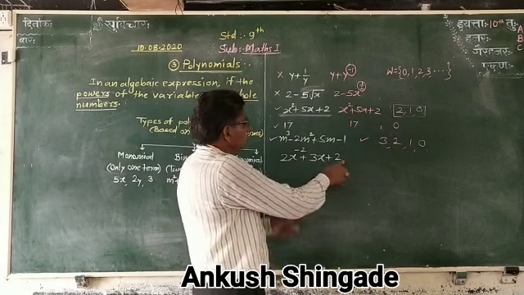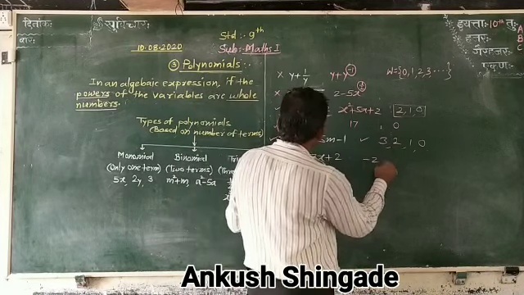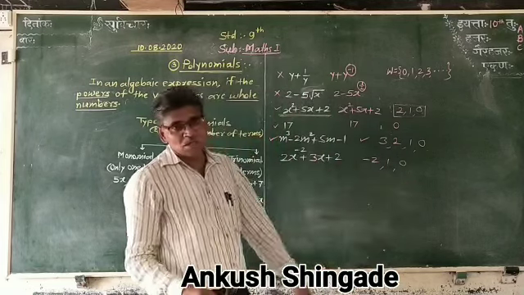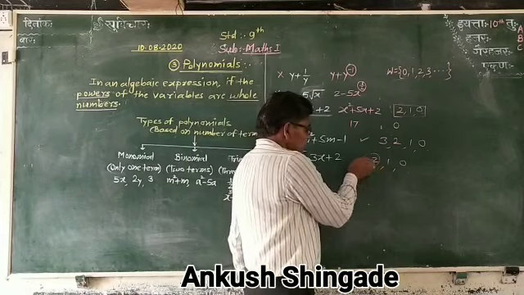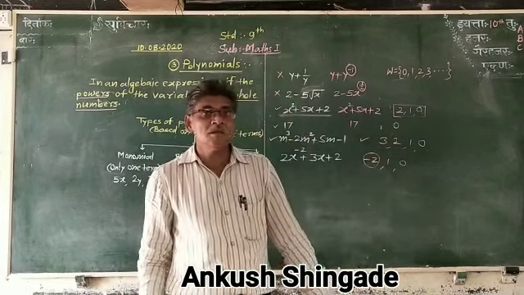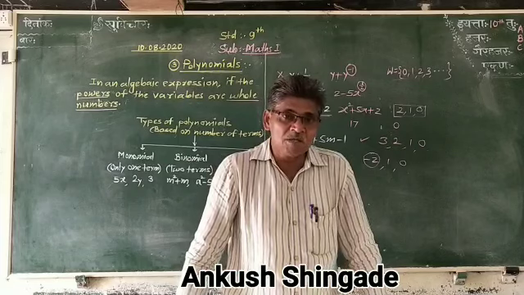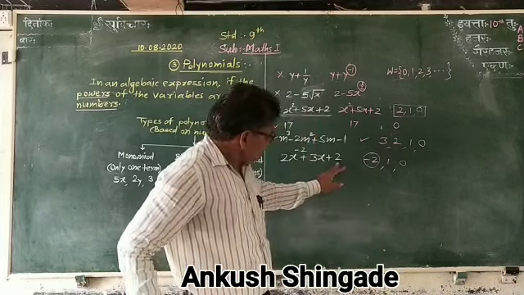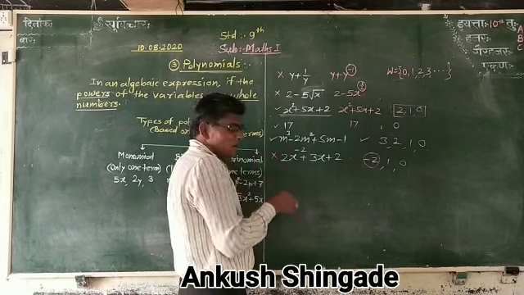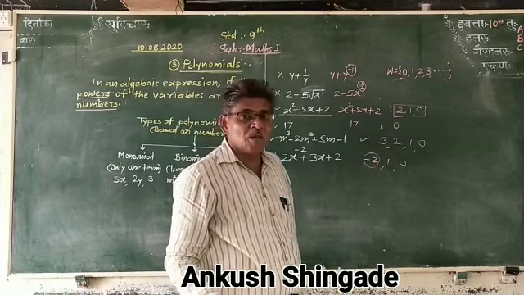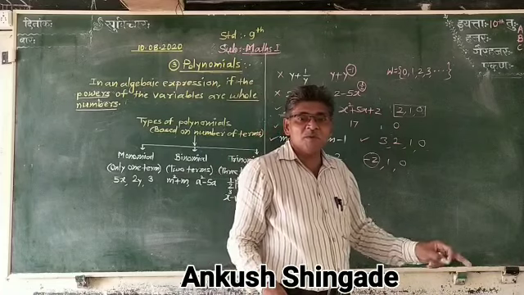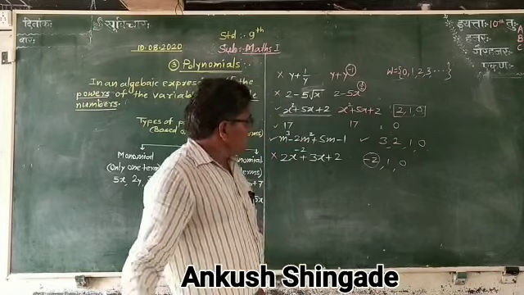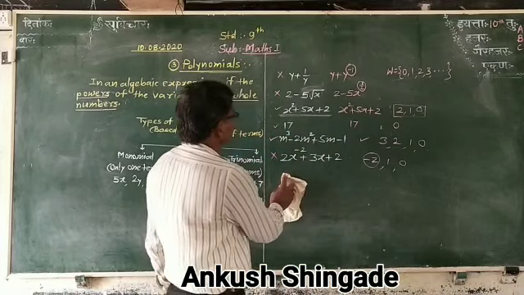Variable x, the powers are minus 2, 1 and 0. Out of these, minus 2 is not in the set of whole numbers, and therefore according to the definition, this algebraic expression is not a polynomial. Yes, is it clear? So, next point.